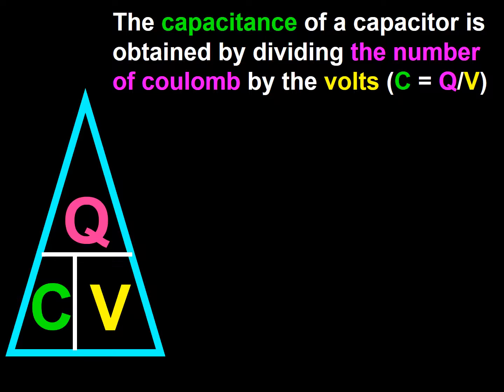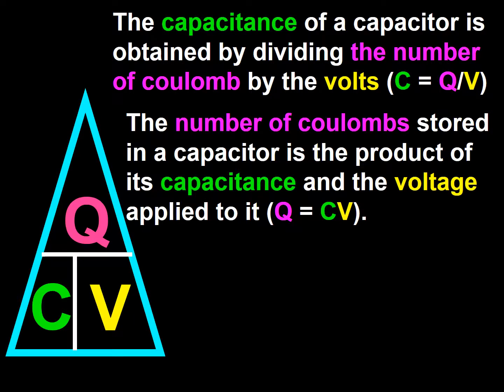Using the magic triangle we have used so often, we can define capacitance. The capacitance of a capacitor is obtained by dividing the number of coulombs by the volts. We can permutate this formula by changing the emphasis to charges, so we can say the number of coulombs stored in a capacitor is the product of its capacitance and the voltage applied to it.